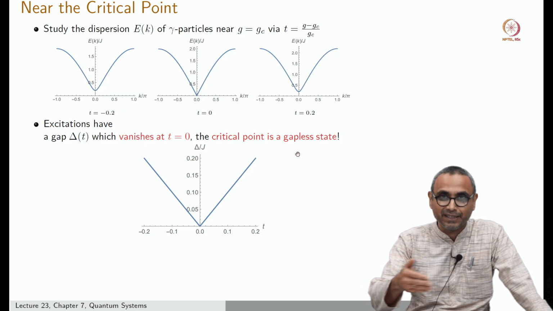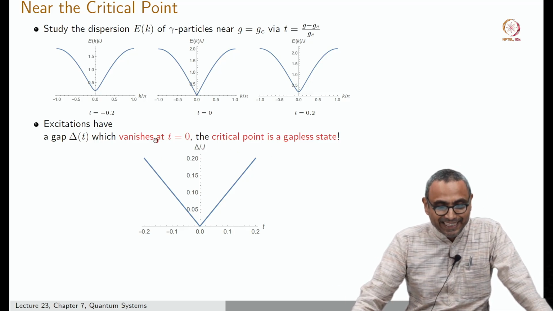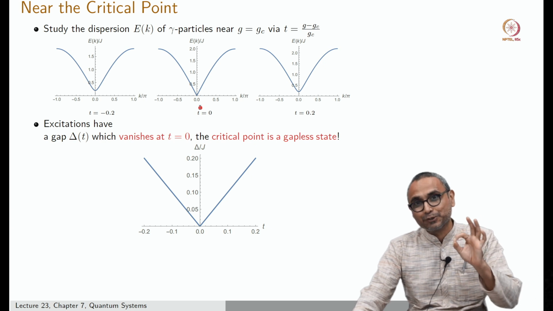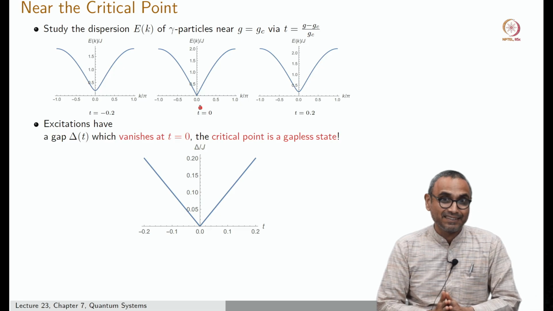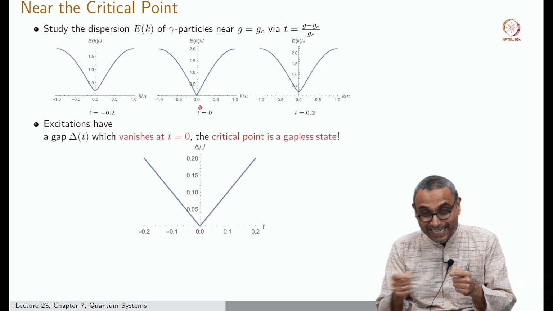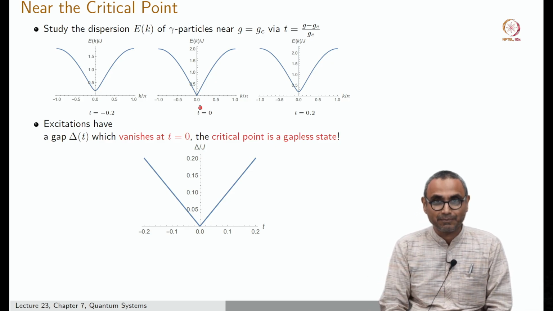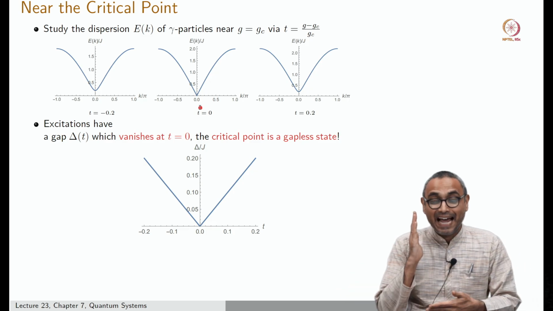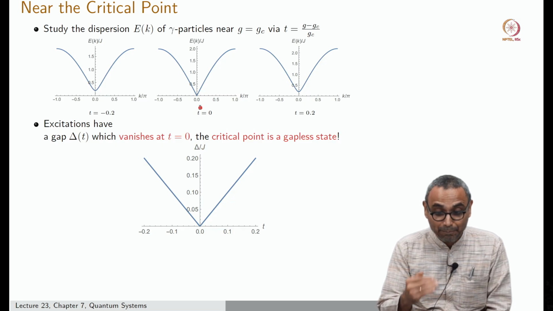You can get it from the dispersion that we have, and you will see that it vanishes. So our main point is that at the critical point, namely G equal to Gc, the system becomes gapless. There are gapless excitations at the critical point. At any other point in the phase diagram of the transverse field Ising model, the system is gapped.